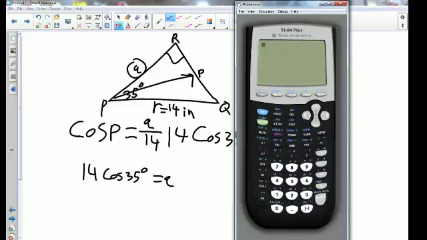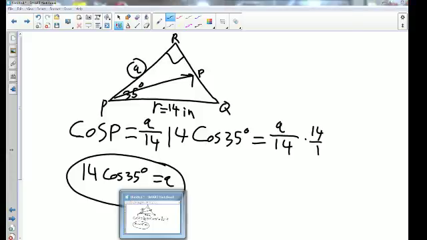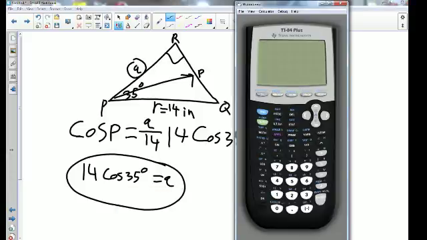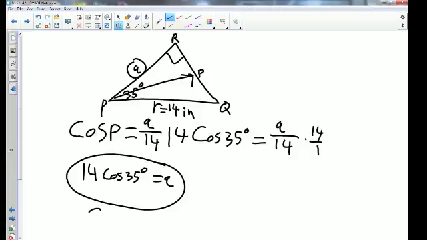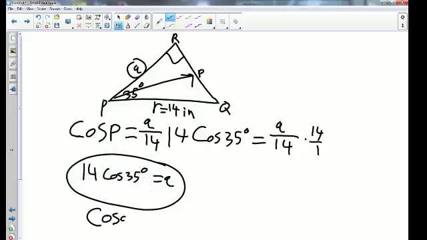So you type this equation into the calculator: 14 cosine 35, parentheses, equals Q. You enter that, and that gives you approximately 11.5, so Q is equal to 11.5.